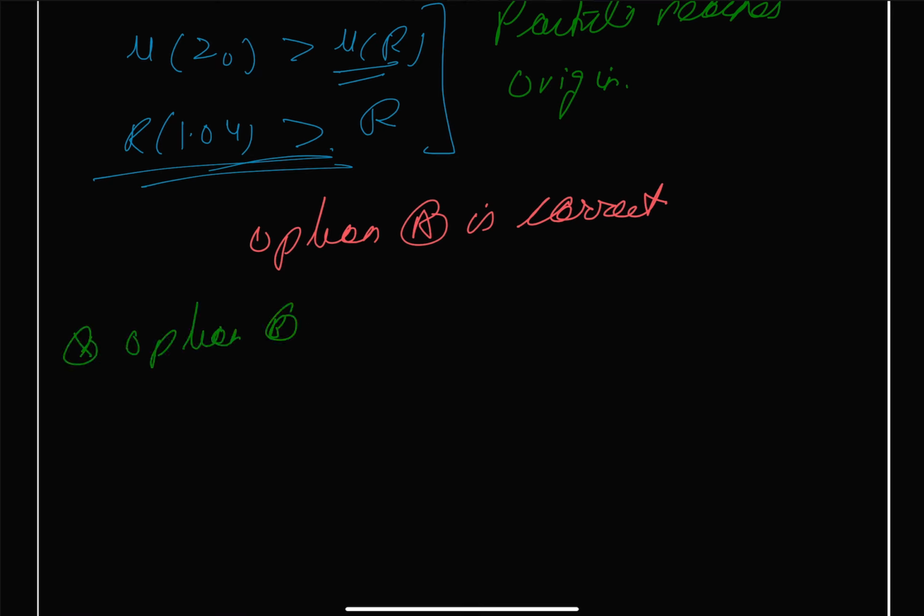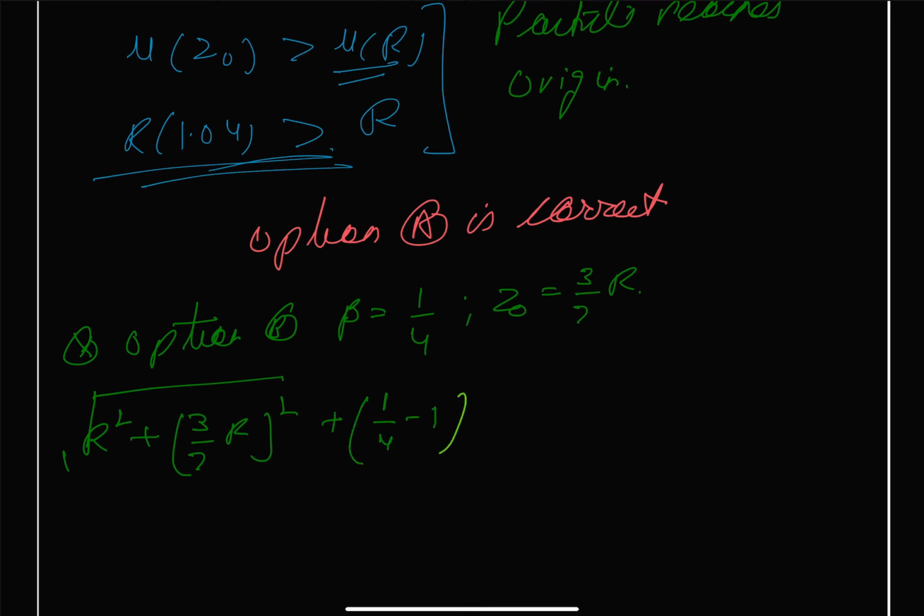Option B gives us that beta is equal to 1 by 4 and our z naught is 3 upon 7 times r. Similarly, we are going to find out the square root of r square plus z square, which comes as r square plus 3 by 7 r whole square, minus, and this is plus 1 by 4 minus 1 times 3 by 7 times r.